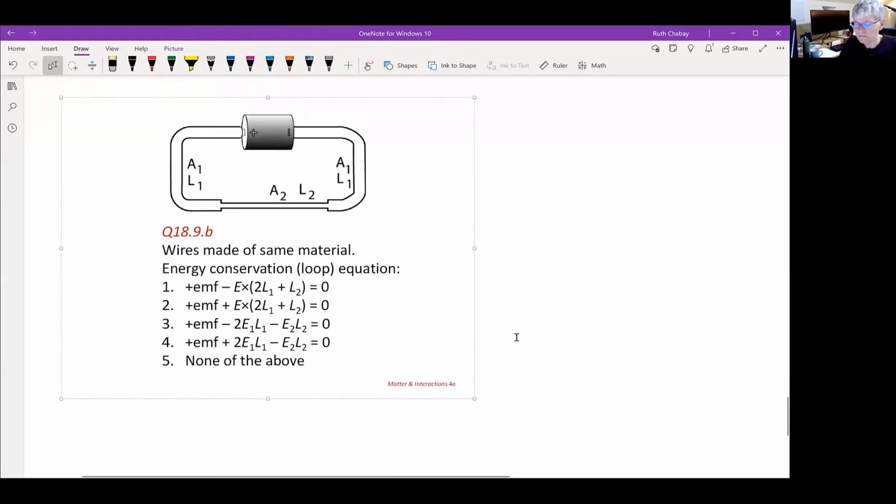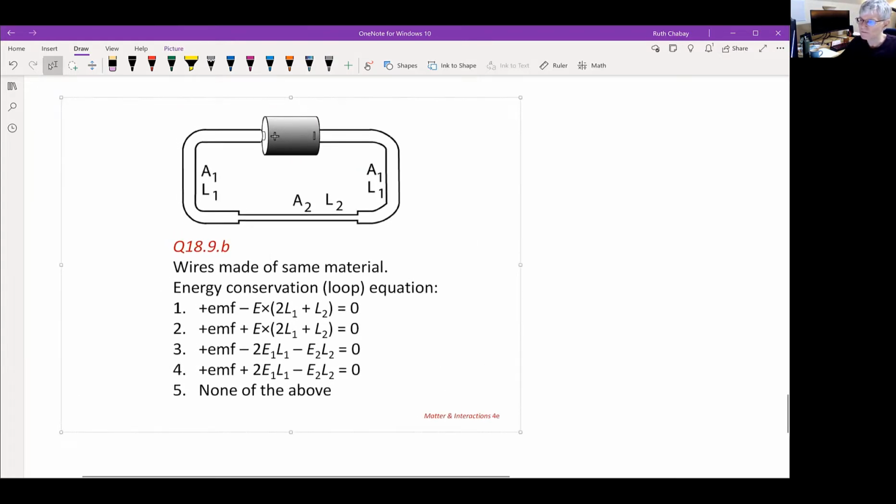So here's a circuit where the wires are all made of the same material, but one piece of the wire is actually narrower than the others. So both of these fat wires have cross-sectional area A1 and length L1, and this thin wire has cross-sectional area A2 and length L2. So if we're going to write an energy conservation equation for this, which of these equations would we actually write?